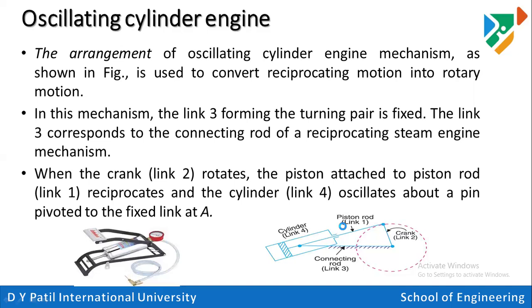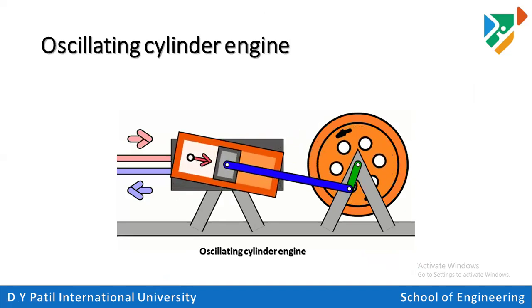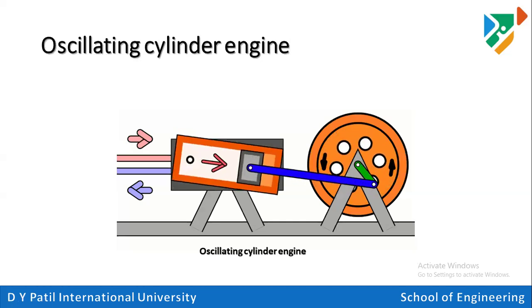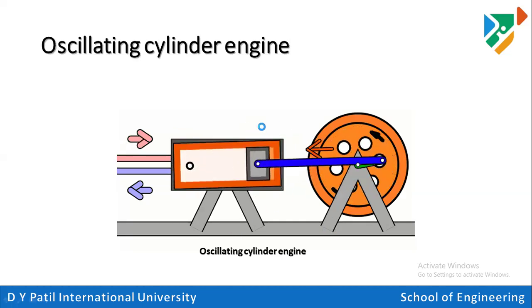So how many links do we have? Number of links, 4 links. We have 3 turning pairs and 1 sliding pair used in this arrangement. So degree of freedom for such a system is again 1. Similar degree of freedom is required to operate this mechanism. So this is how that oscillating cylinder is working. We are taking this as a lever, which is used to generate the pneumatic pressure.